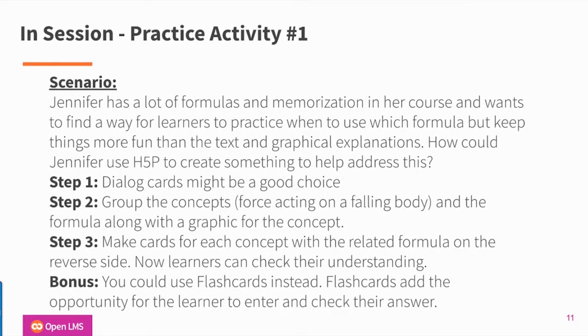An alternative approach would be to do a flashcard. The distinction between a flashcard and a dialogue card is that a flashcard presents the information on the front of the card, leaves you a blank, and you put in a response and check that response against what's on the other side. So it's a step more in complexity, but it's a step higher in self-evaluation, right?